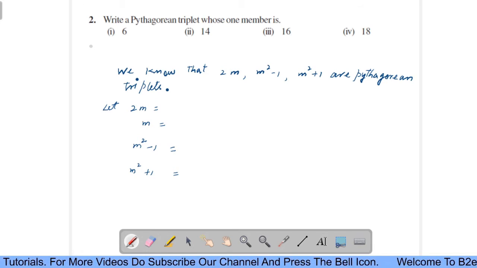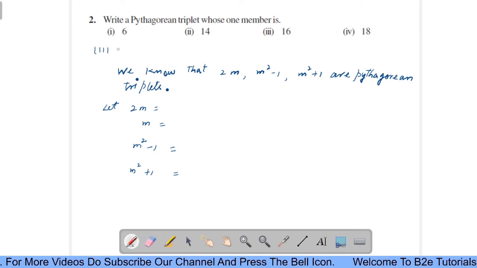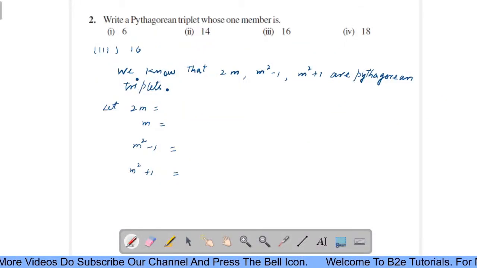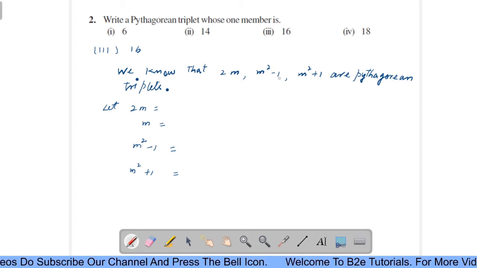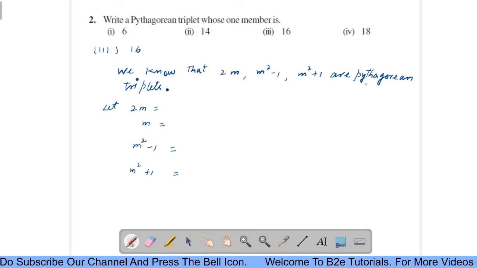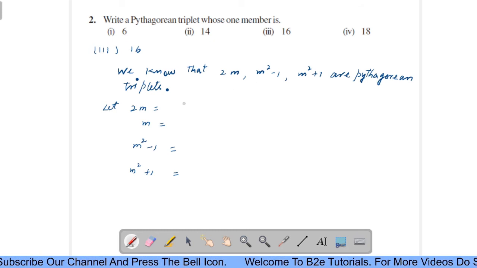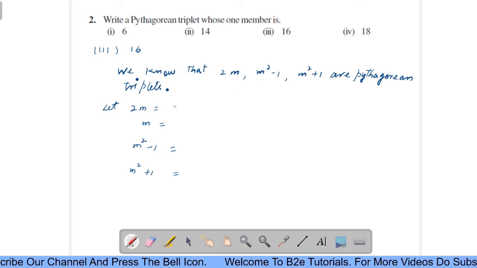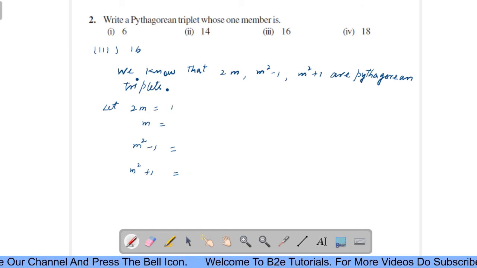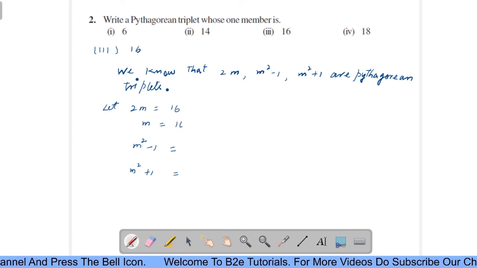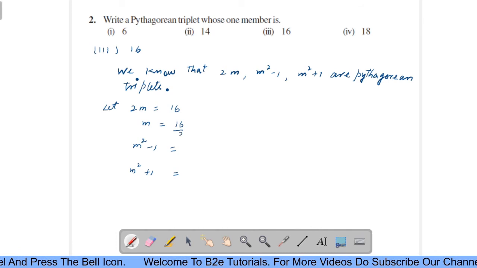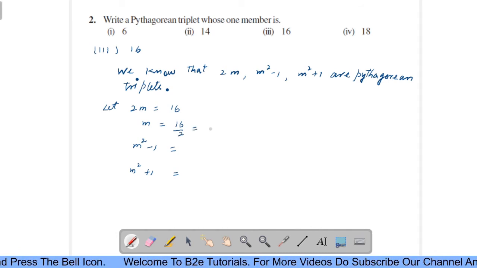Now come to third part. It is 16. We know that 2m, m square minus 1, m square plus 1 are Pythagorean triplets. Let 2m equal to 16. M is equal to 16 upon 2, that is 8.